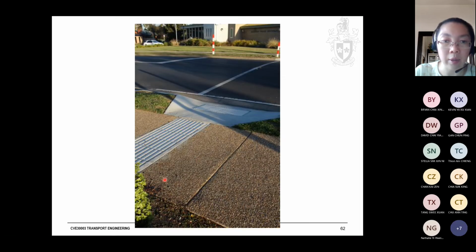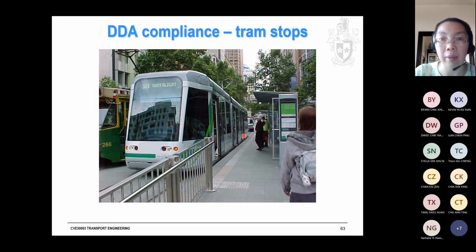Okay, so another arrangement, we have this directional tile, and then hazard warning over here. Okay, so the hazard in this case is the crossing, so for them to be alert. Okay, and for tram stops, there's one here, and if you look at this whole stretch, these are directional path, and this is the hazard.